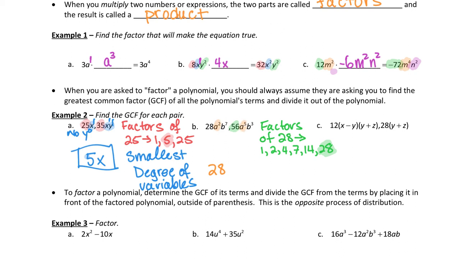Which one has the smaller degree? It's a squared. And then for b to the 7th and b to the 3rd, this is super easy. It is b to the 3rd, the smaller one. Okay. This will make a little more sense when we get into actual factoring, and you'll see why it's always the smallest degree variable. Now, the next one is tricky.